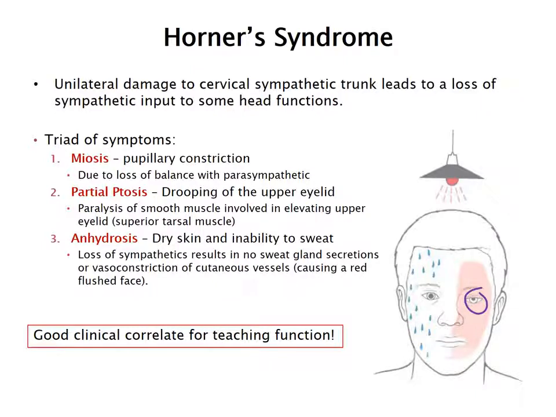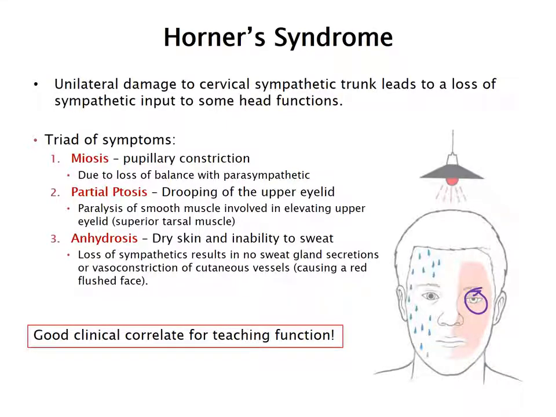So with that being said, in Horner syndrome, the sympathetic fibers are out. So the only fibers that are firing and are active are the parasympathetic fibers, causing constriction of the pupillary constrictor muscle. Hence, pupillary constriction results.